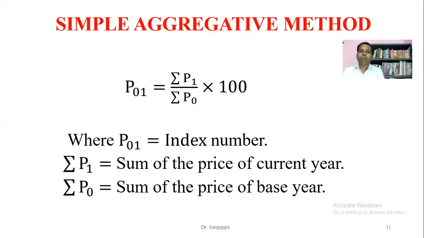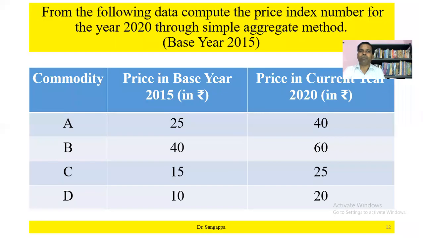Whereas P01 indicates the index number for the year we are going to find out, sigma P1 equals the sum of the prices of the current year, and sigma P0 equals the sum of the prices of the base year. So this is the sum of the base year values.